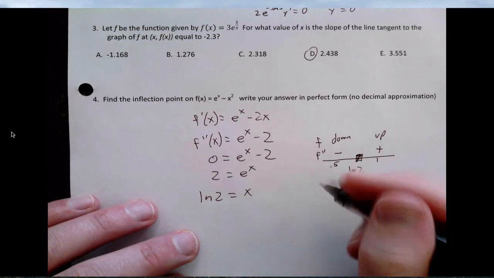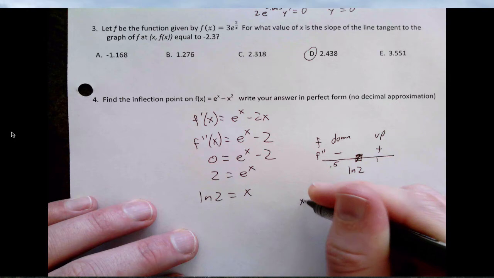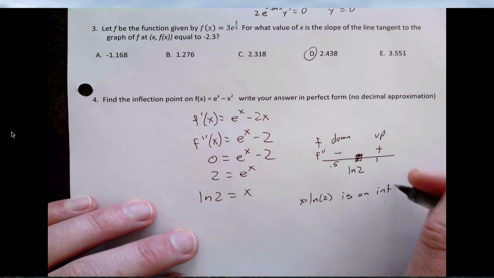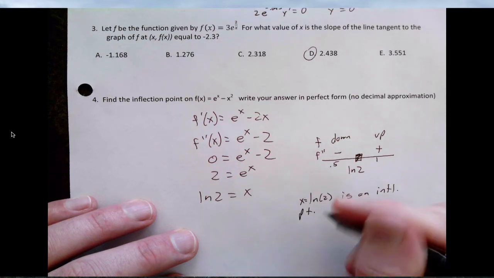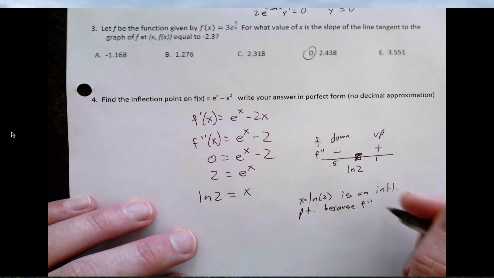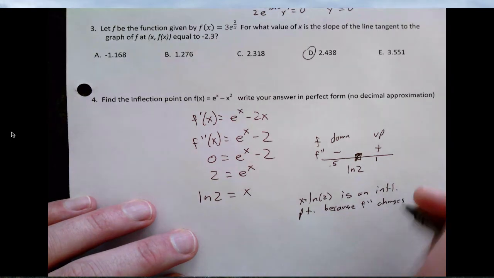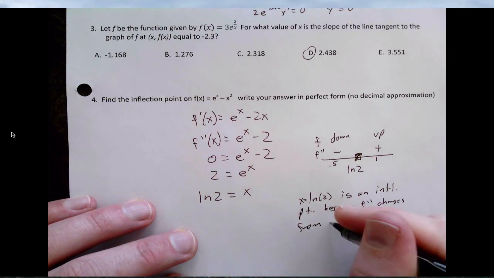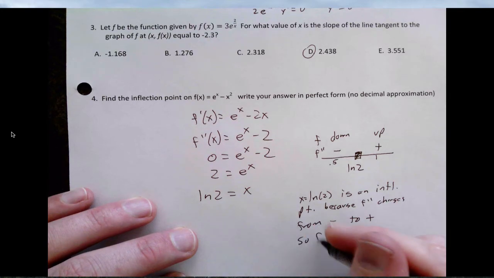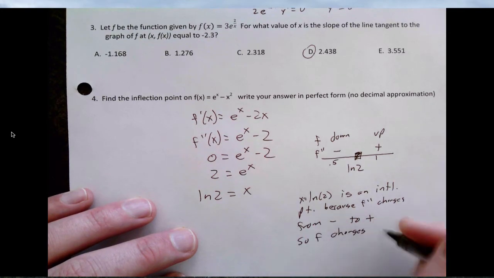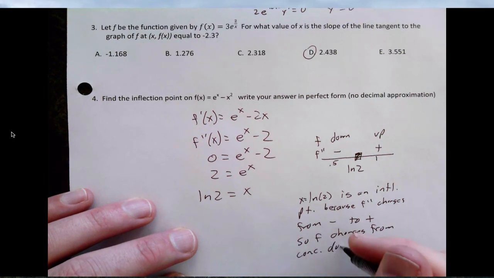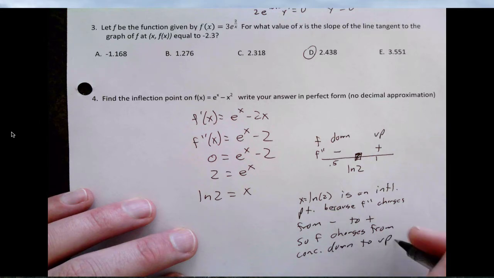Explanation: x equals natural log of 2 is an inflection point because f double prime changes from negative to positive, and I just put it a little bit more, so f changes from concave down to up.